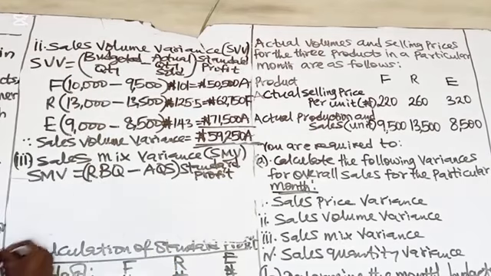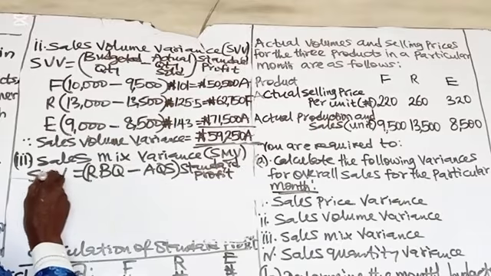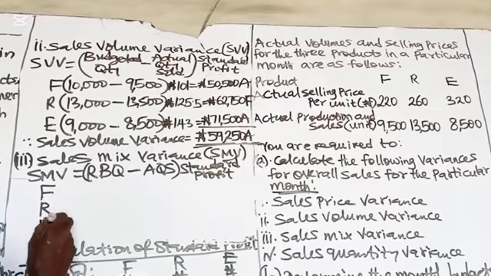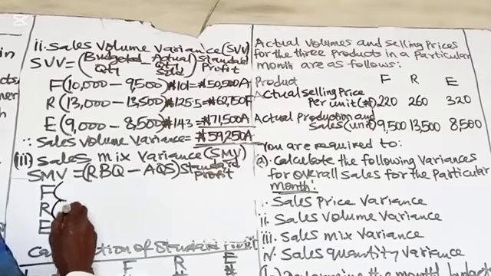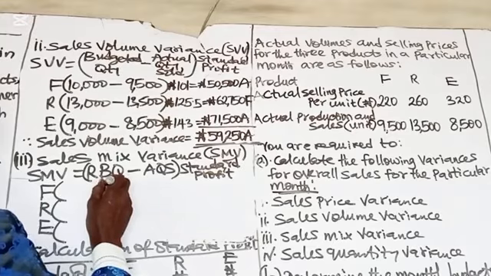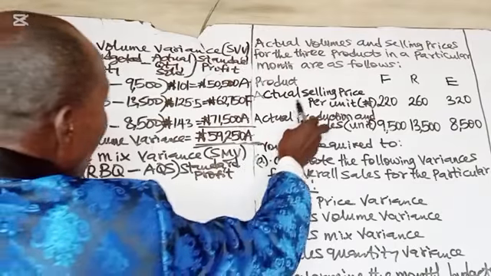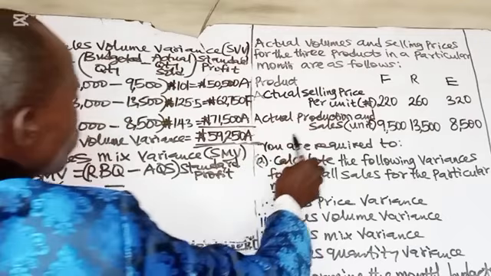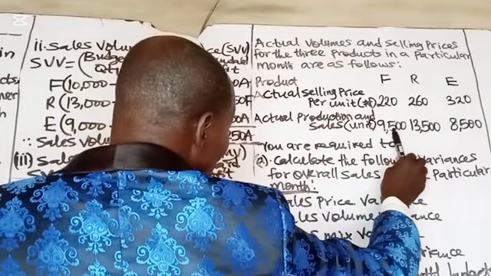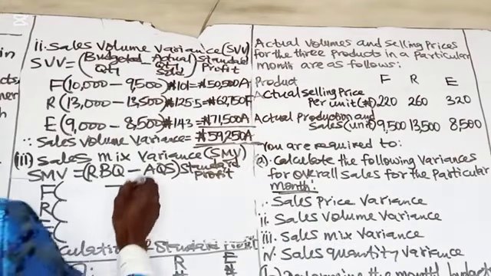We need revised budgeted quantity. Three products are involved: F, R, and E. We need revised budgeted quantity minus actual quantity sold. The actual production and sales, that is the actual quantity sold in units, is 9,500, 13,500, and 8,500.